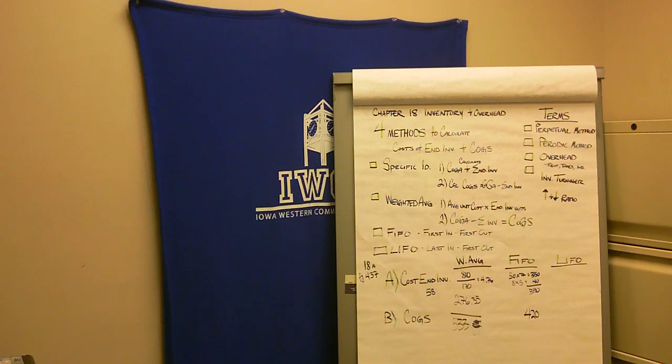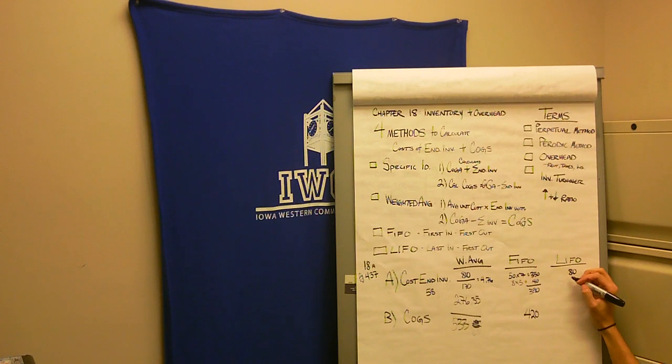Now let's switch that around and do last in, first out. So that means the last that was in is going to be basically January. We're going to have January all used up because we have 58. And so we have all of the $80 from January from the 20 units.